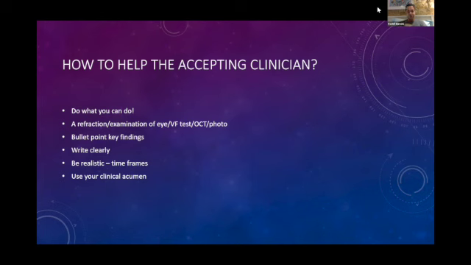An OCT scan is also helpful, particularly for macular referrals. As you all know, in East Sussex, we have an email address. I will put that up later, where you can email your macular referrals to us.